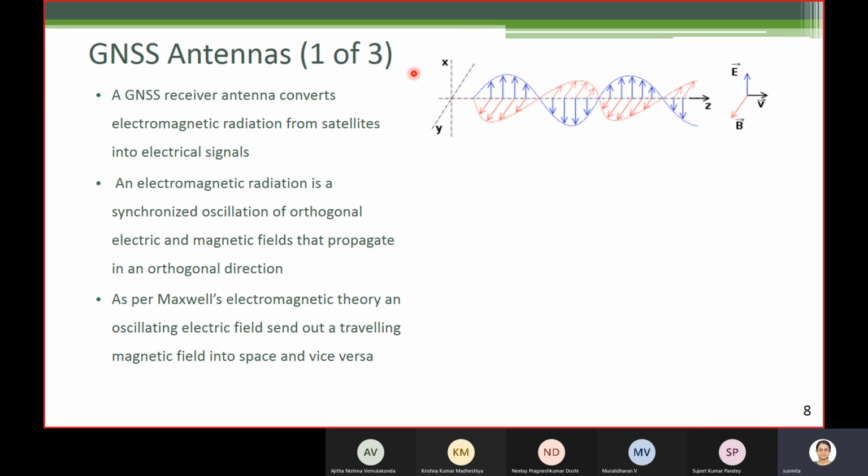So if the electric field rotates clockwise with respect to the observer, then that is called right-handed circular polarization. Otherwise, it's called left-handed circular polarization. You will understand why I am saying this on the next slide. But since I have this figure here, I can easily show you the polarization as the wave travels. That's why I am telling you this now.